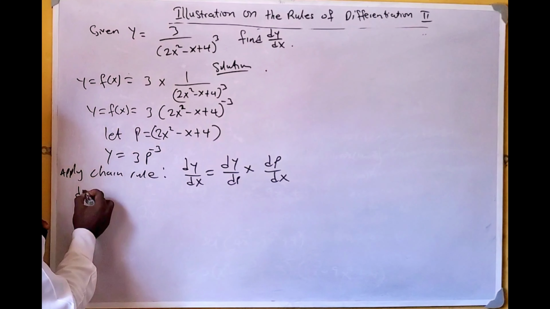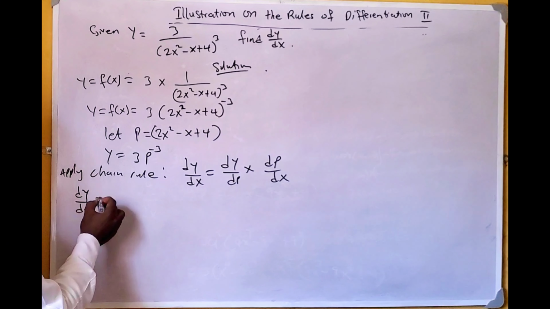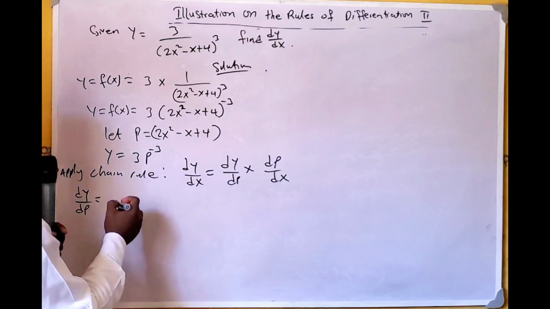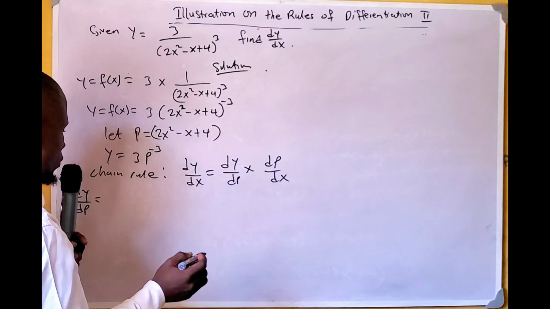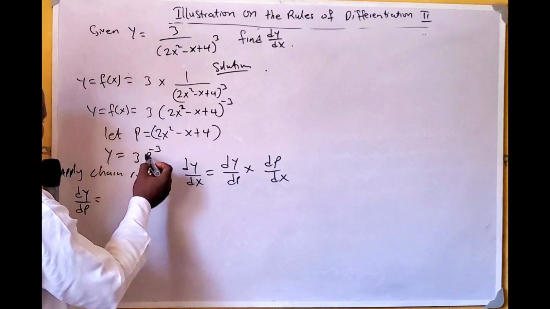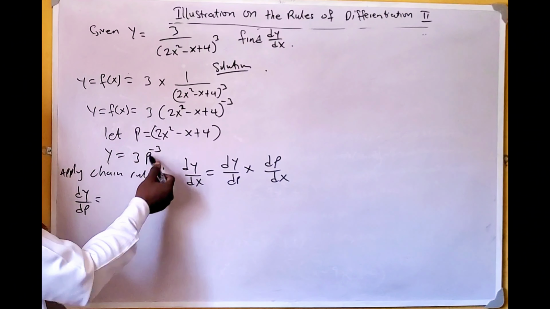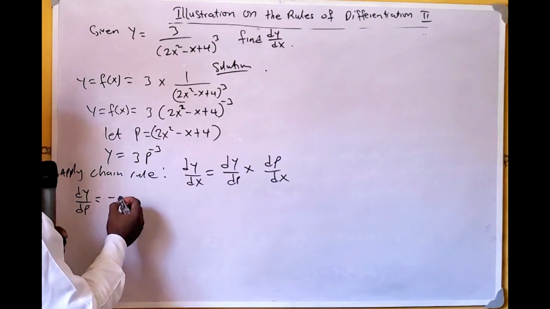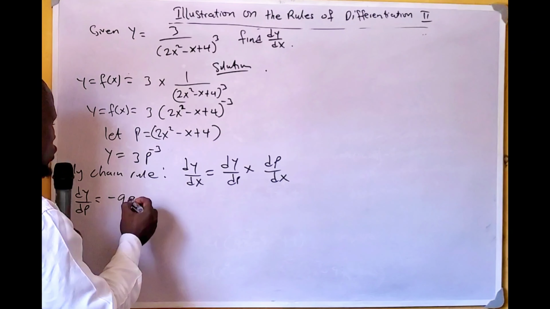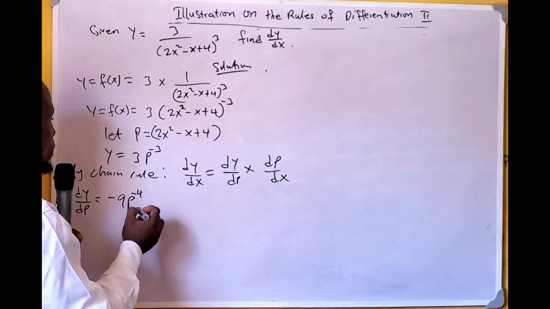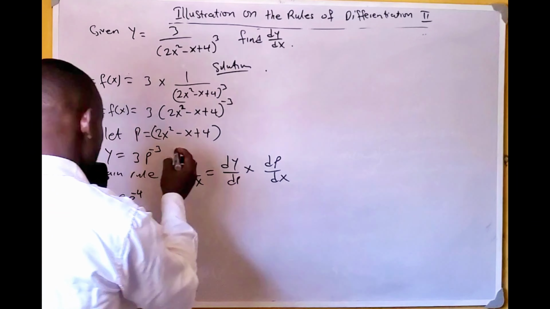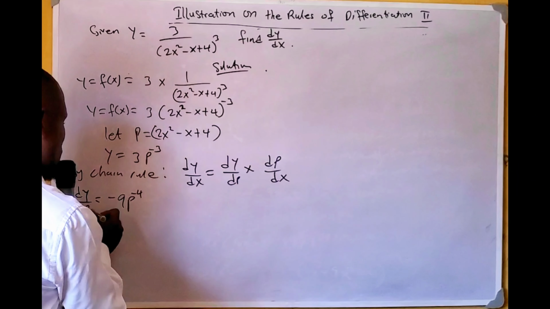So what's our dy/dp here? Derivative of this with respect to p, this will be what? Minus 9p raised to the power minus 4. That's our dy/dp.